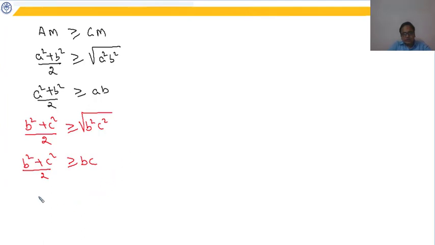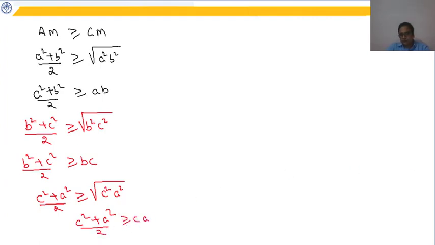Similarly, c square plus a square by 2 is greater than or equal to square root of c square a square, that is c square plus a square by 2 is greater than or equal to ca. Now, this is the fourth equation. This one is fourth.